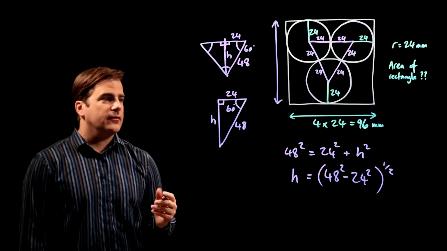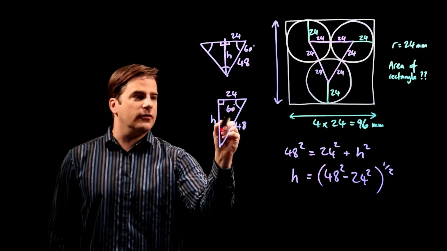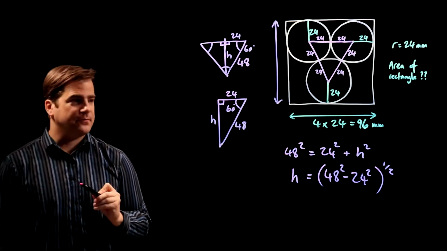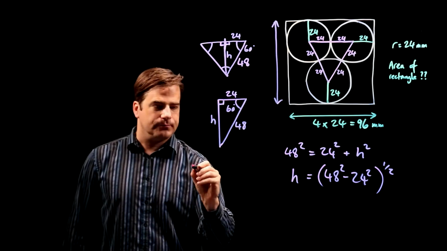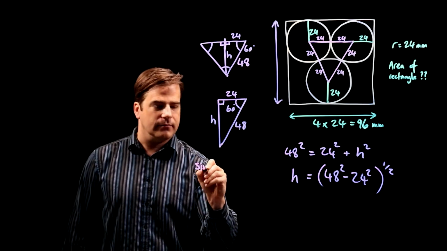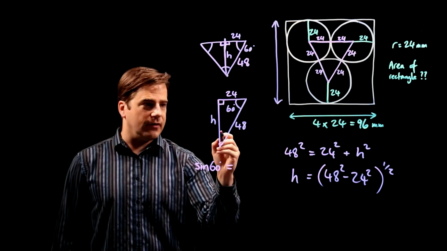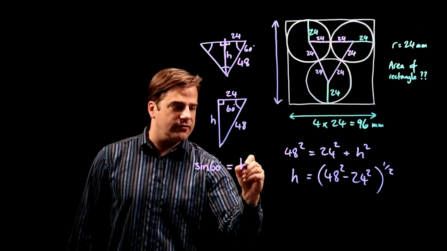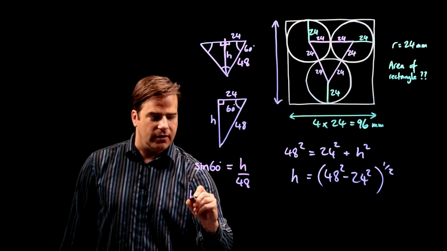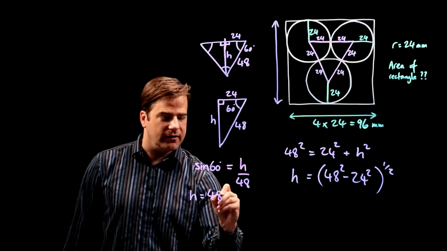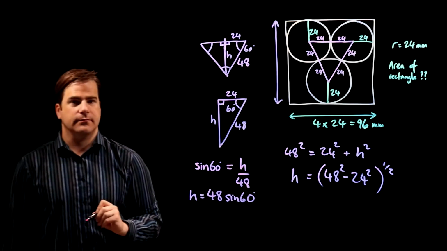That's fine. You can also do it using your knowledge of sine 60 degrees. So for this triangle, the sine of that angle, 60 degrees, is the opposite over the hypotenuse. So the opposite is h, the thing we want, over the hypotenuse, which is 48. So therefore, h is equal to 48 sine 60. Okay?